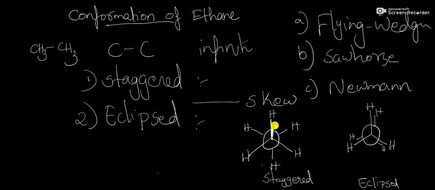The two are then superimposed to give the Newman projection formula. This is the staggered conformation. Here all the hydrogen atoms are far apart, whereas this is eclipsed conformation. Here these are the bonds to the farther carbon atom. All these hydrogens are nearer to the nearer carbon atom.